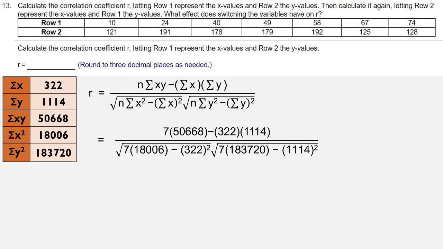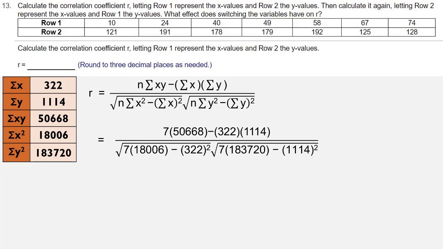R equals 7 times 50,668 minus 322 times 1114, over the square root of 7 times 18,006 minus 322 squared, times the square root of 7 times 183,720 minus 1114 squared.